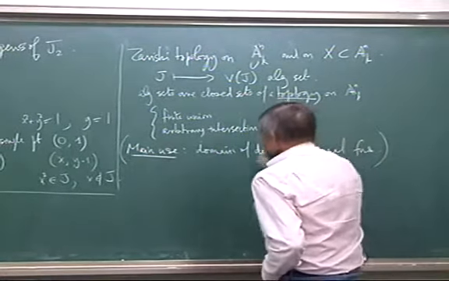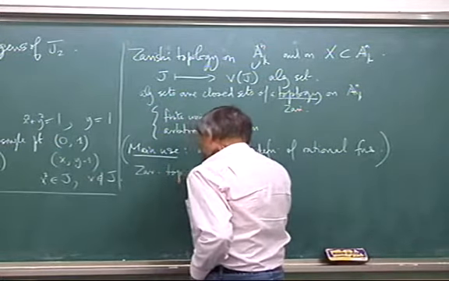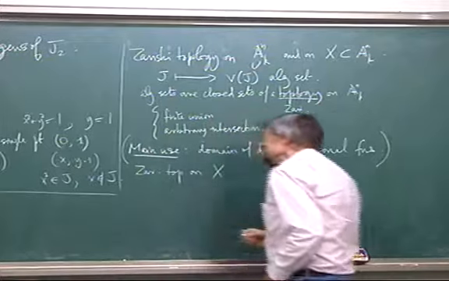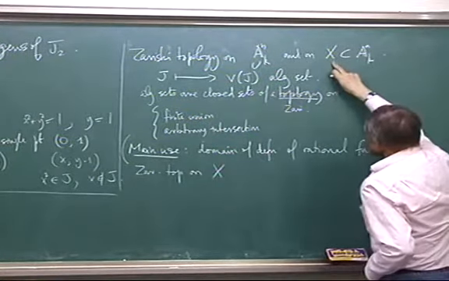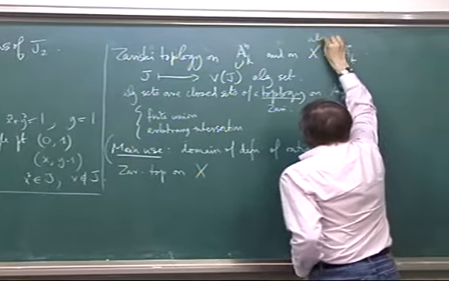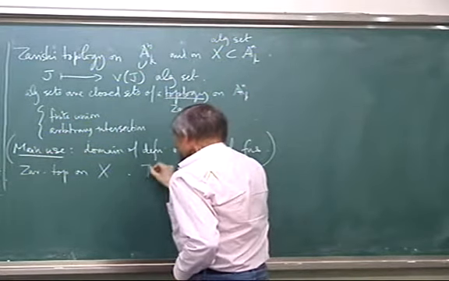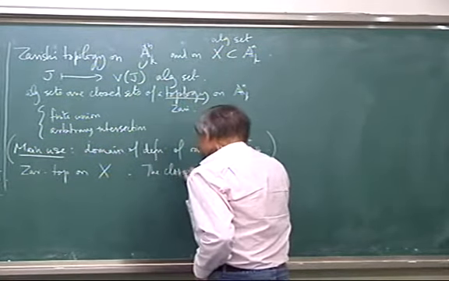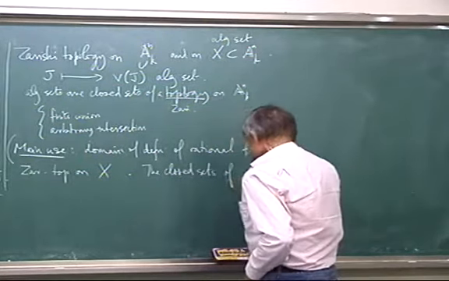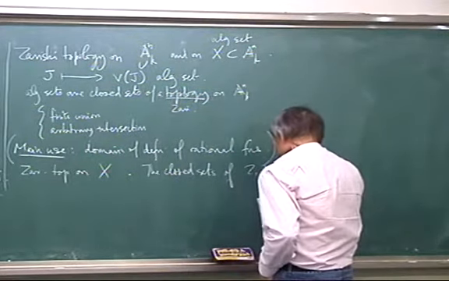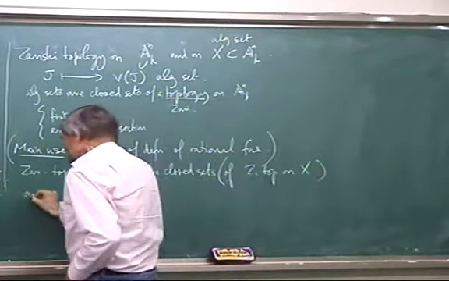For the moment I want to say the Zariski topology on X. If I've got an algebraic set here, then the closed sets of the Zariski topology on X are the algebraic subsets.